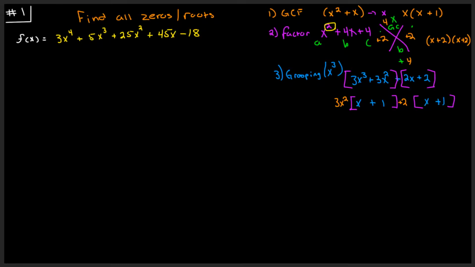You see these two terms here are the same. There are not two of these terms; they're actually the same term. You just combine your terms here. So you have 3x squared plus 2 as your first, and as your second is x plus 1.